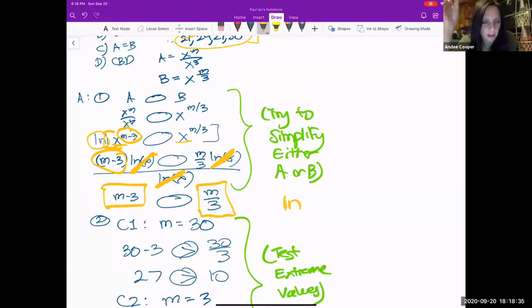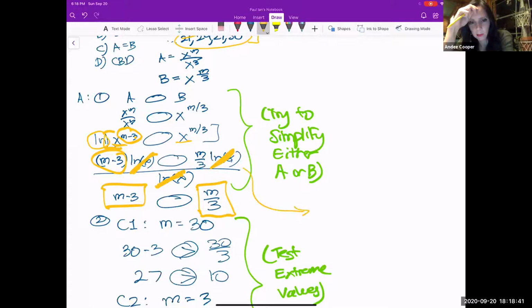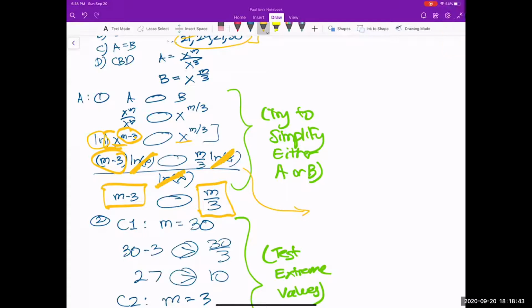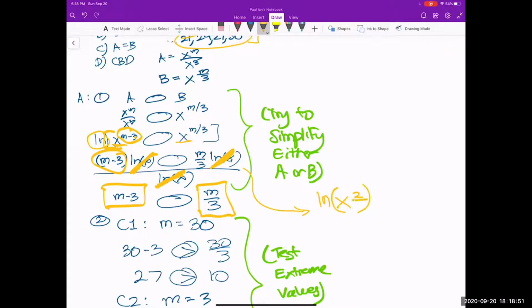Wait, say that again. Let me do a basic one here on the side. When you have x squared, let's do something basic. Let me apply ln to this. Any exponent goes to the front. It becomes a coefficient, and it's the same and equal.